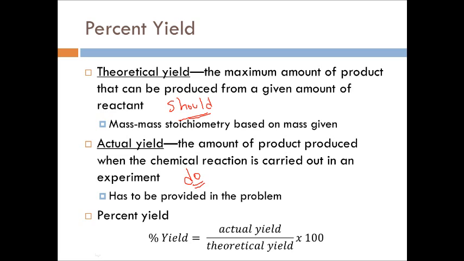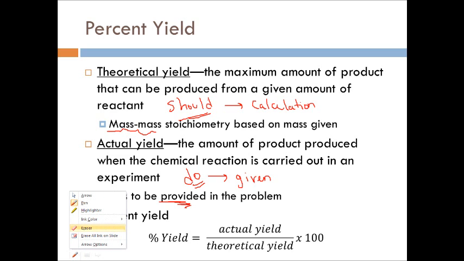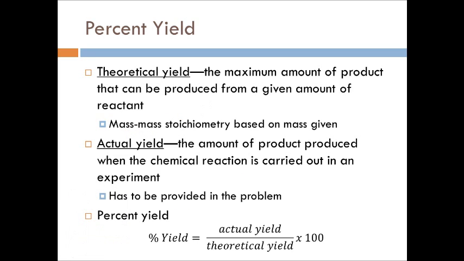This one here is going to be a calculation, the theoretical. It's actually often a mass-to-mass. And the actual is going to be given. It has to be given. It has to be provided in the problem. So theoretical is what you should end up with.